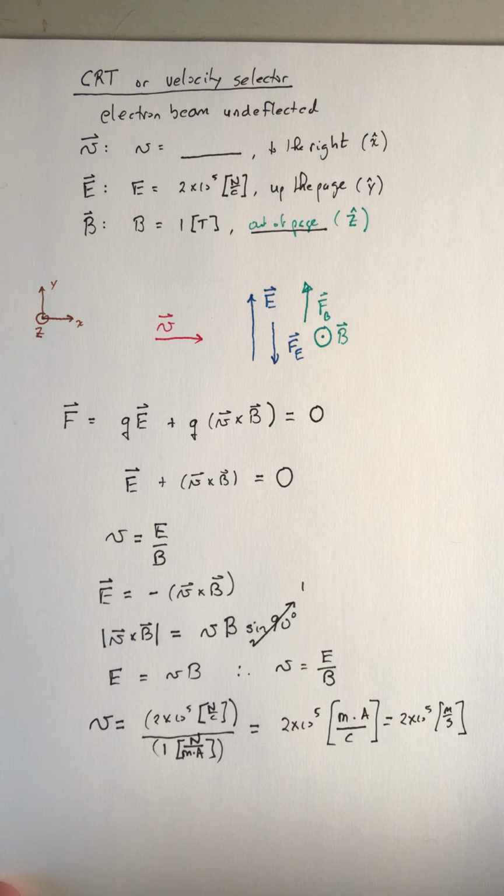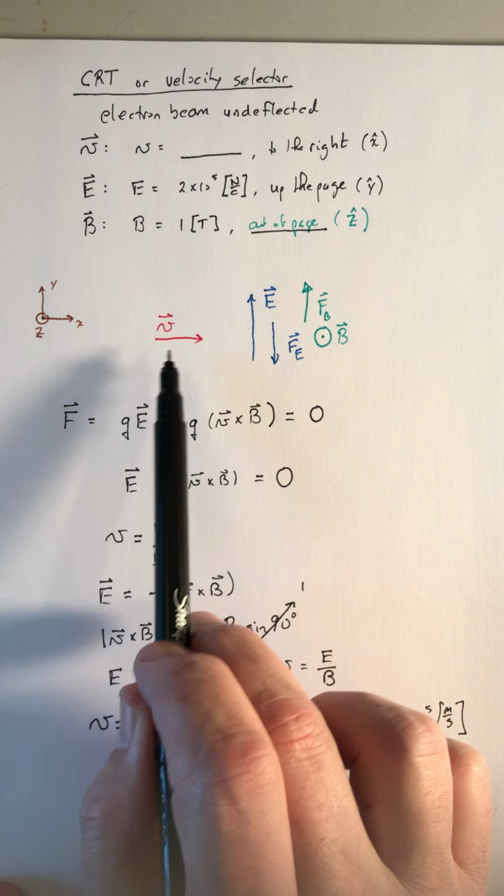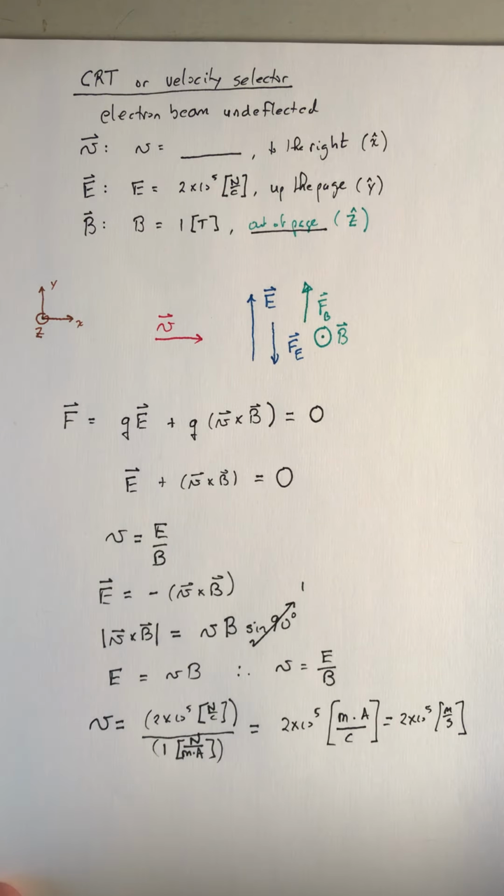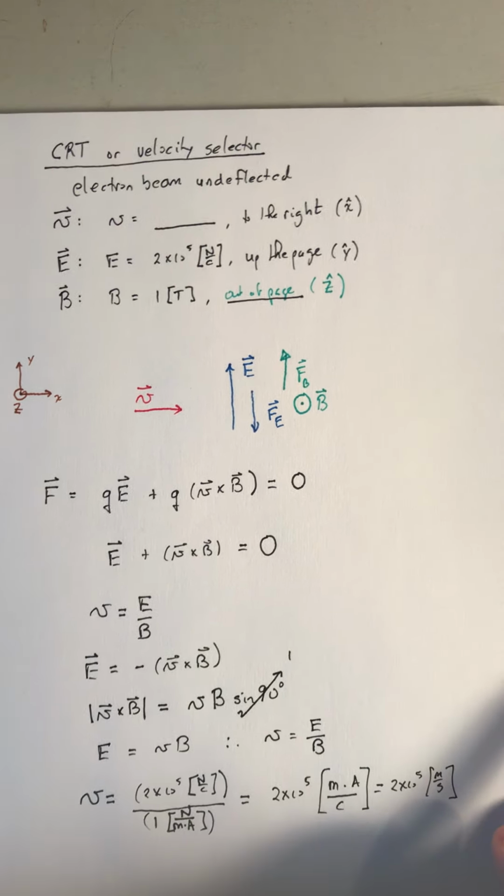And if the speed is lower, the Coulomb force is going to dominate and it will curve in the opposite direction. So either way it'll be deflected, and it's only for a particular velocity it'll pass through the crossed electric and magnetic fields with no net force. So that's the velocity selector part.